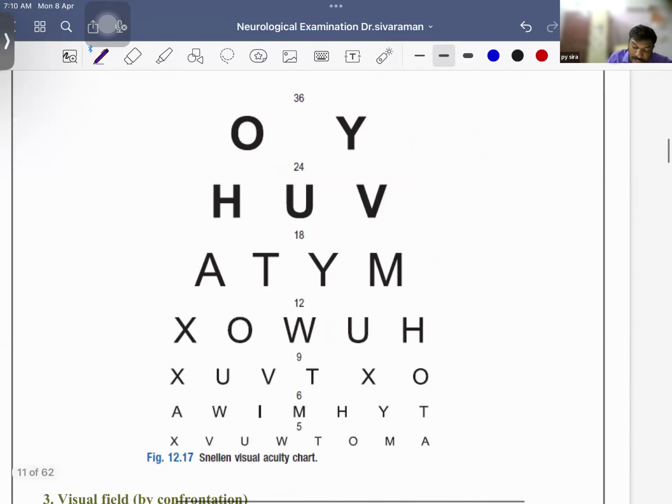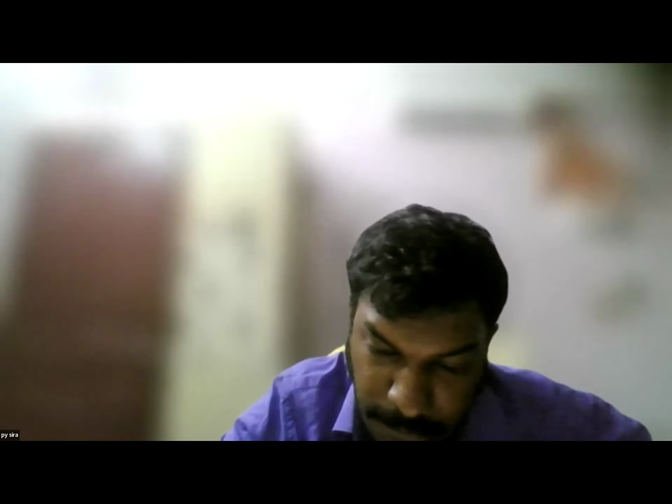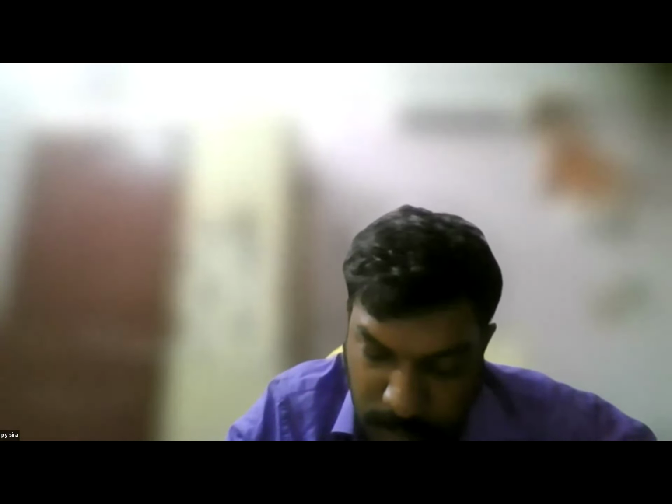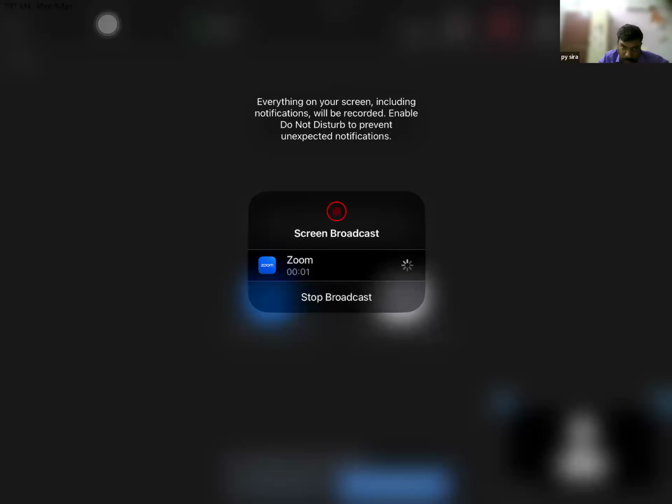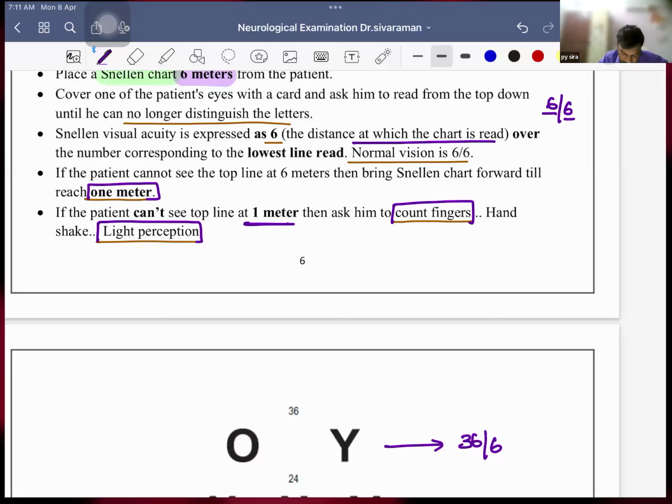If the patient is able to read this line, the vision is 6 by 6. So this is going to be the Snellen chart.